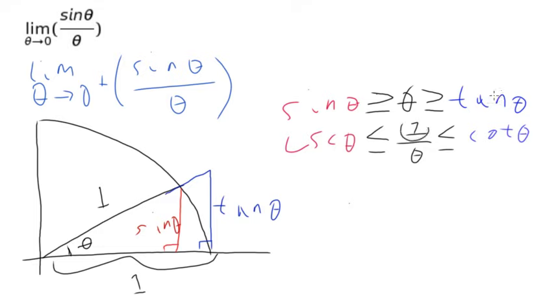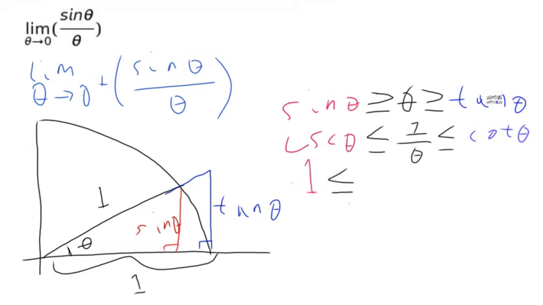And now I want to get the sine theta on top here, so I'll multiply all the parts of this by sine theta. So firstly, sine times cosecant will cancel out, and we will just be left with 1. Cosecant is the reciprocal of sine.